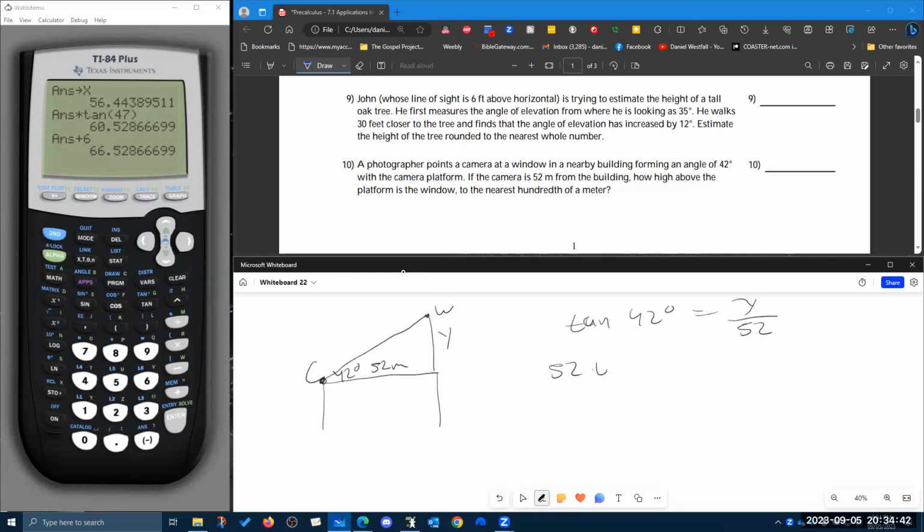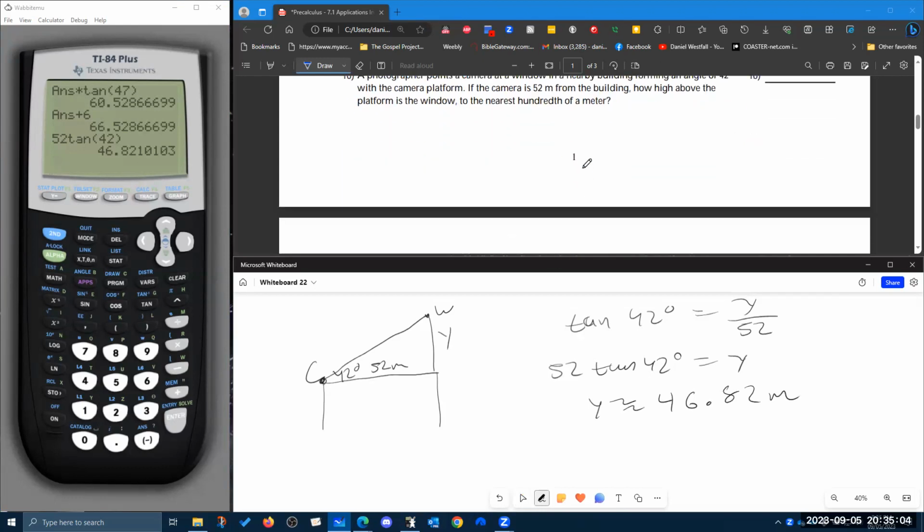So 52 tan 42 degrees is y. 52 tan 42 degrees. So y is about 46.82 meters. They told me to go to the nearest hundredth of a meter.